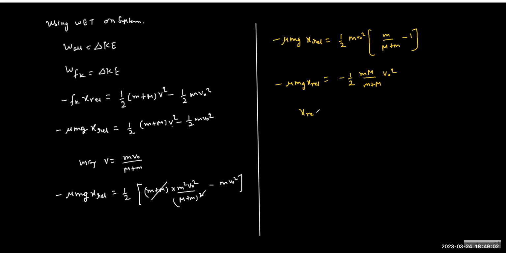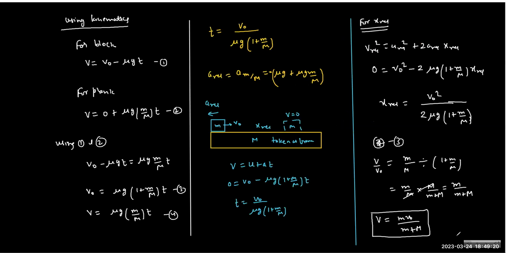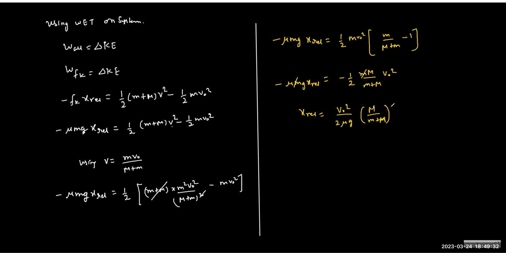And you can see the x relative is v not square by 2 mu g. Same answer, you can see. You can also write as mu square by 2 mu g.